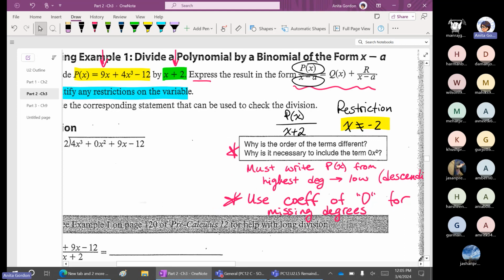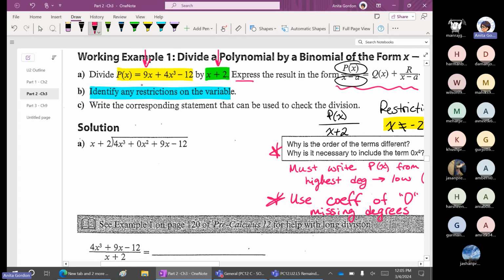So in the equation, you can see there is no x squared. So I'm going to represent x squared as 0. Did I change the value of my polynomial? No, right? I've added a 0. Adding a 0 to something doesn't really change the effect or the result of it, but it will help you in terms of setting up this long division. So every degree must be represented. We rewrite the polynomial in order from highest degree to lowest, and then we start our long division.